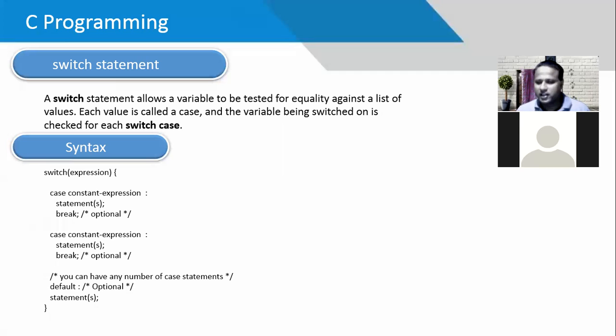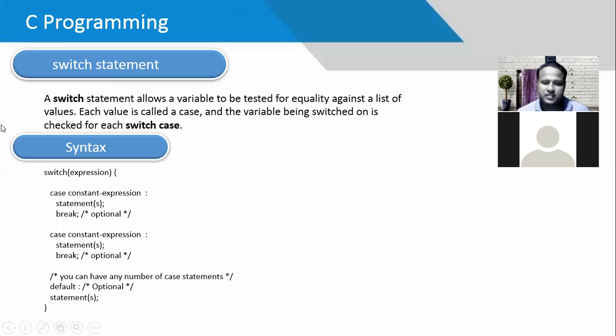It is giving you the options, and from those options you pick the value you want. A switch statement allows a variable to be tested for equality against a list of values. Each value is called a case, and the variable being switched on is checked for each switch case.